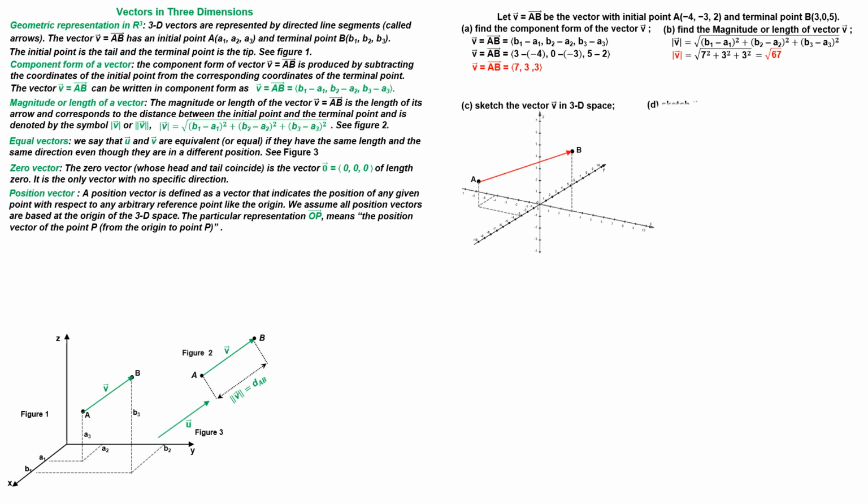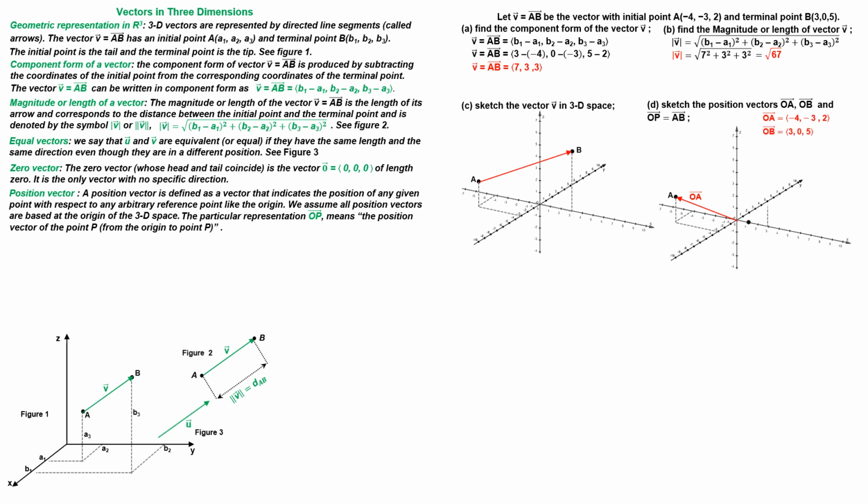The position vector OA has an initial point at the origin and the terminal point at A. The position vector OB has an initial point at the origin and the terminal point at B. The position vector OP is equivalent to the vector AB, but the vector OP is based at the origin.